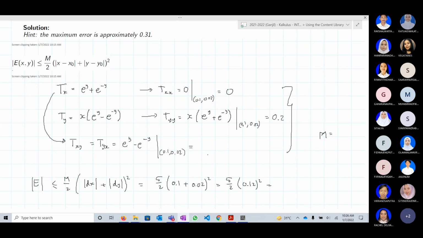I think this is minus. This is about 0.04. Yeah. So M here is 0.2.